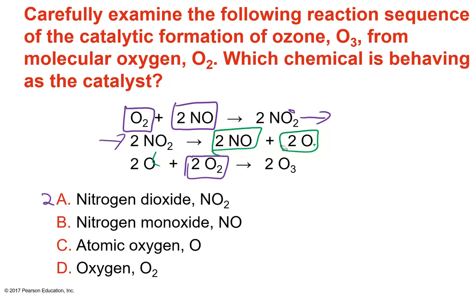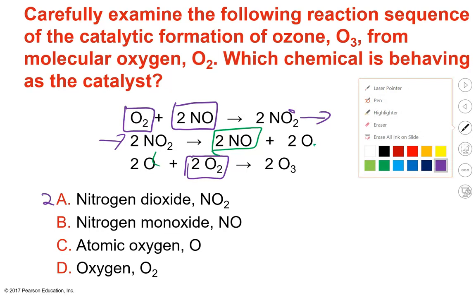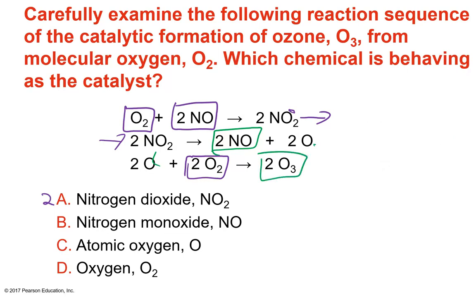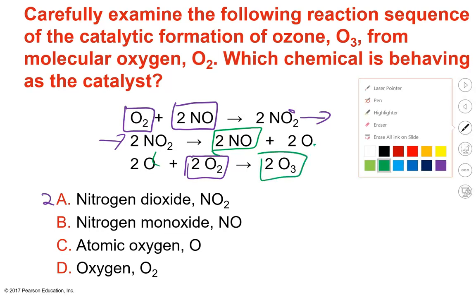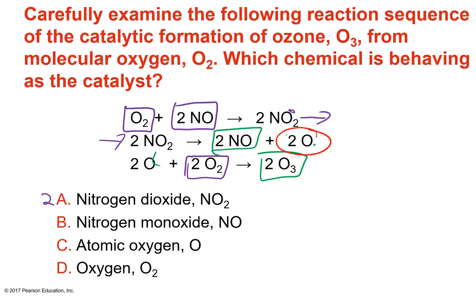So green will be products in my diagram, and red will be intermediaries. I started with everything that's in a purple box. So I started with 3 O2s and 2 NOs. And then everything in green is what I ended up with, 2 NOs and 2 O3s.